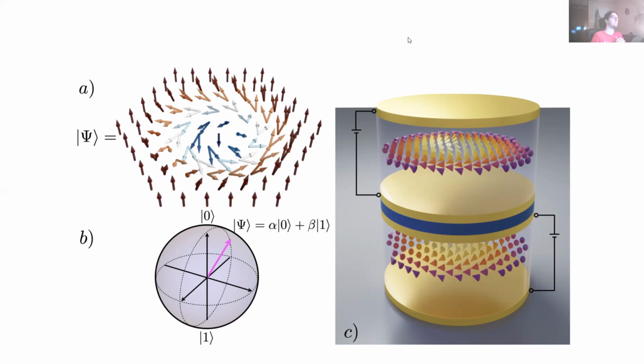And in section B, you see the Bloch sphere, and the main problem with this system is how to obtain each state, how to code information using this vortex-like structure, because it's not like a single spin, where you can just say, okay, this is on and this is off.